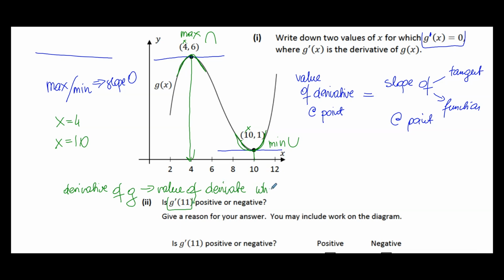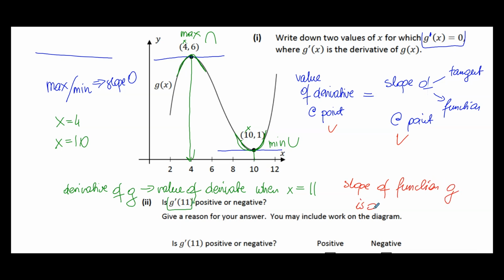When x is 11. And again, the same logic: because we do not have the function to create the derivative, we are going to use the knowledge that the value of the derivative is the same as the value of the slope.